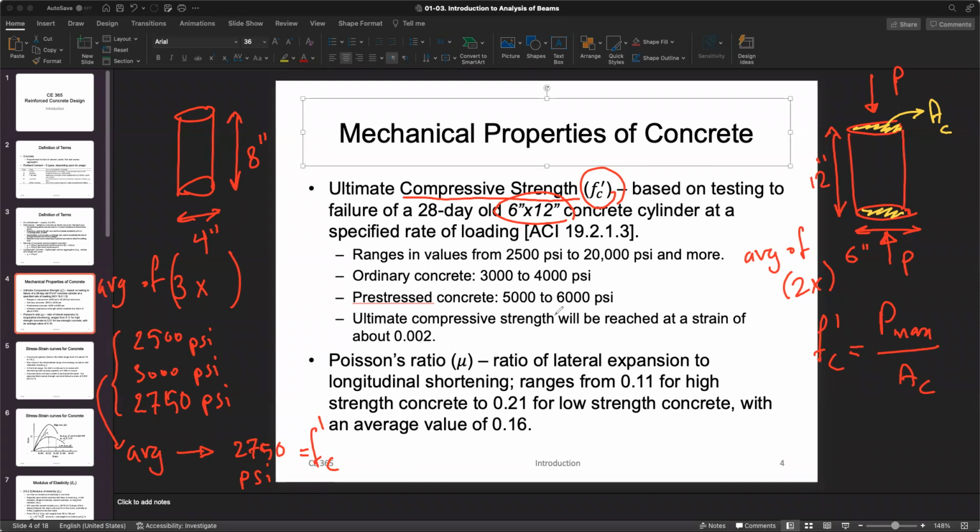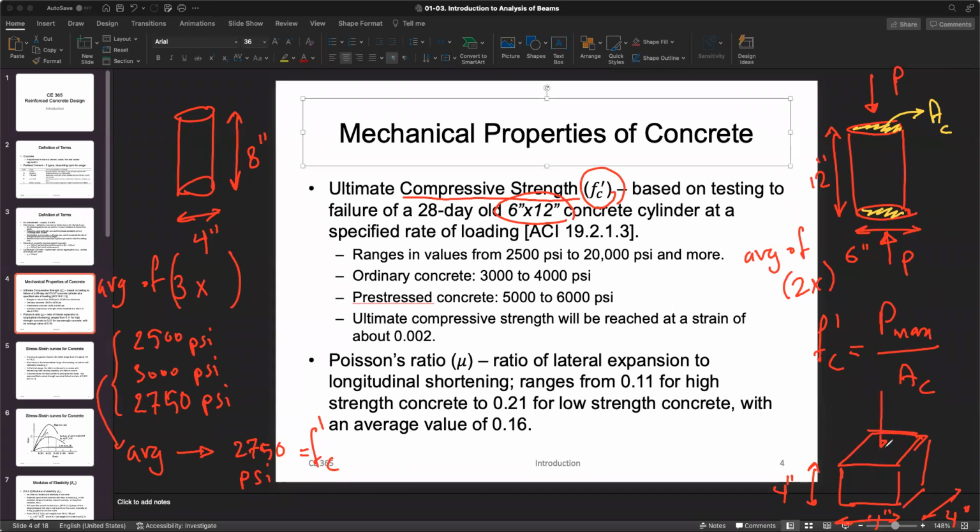So this is the cylinders. In some countries they use cubes, usually 4 inch by 4 inch by 4 inch would be the size, usually a 4-inch cube. Same idea.